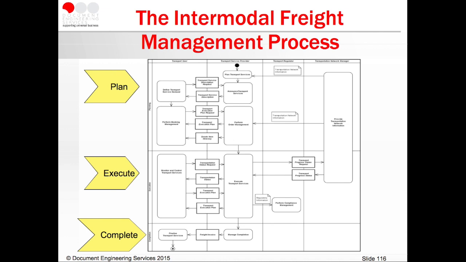To execute that plan, there is then a transport execution plan passed between the transport service provider and the transport user. And there are various status or progress requests that go between all parties to synchronize on this movement. And finally, when it's completed, a freight invoice can be created.